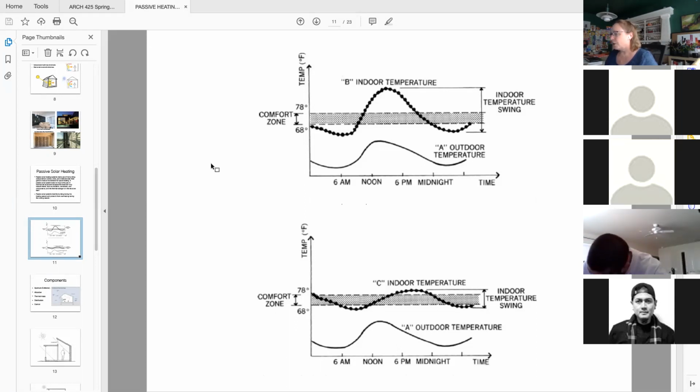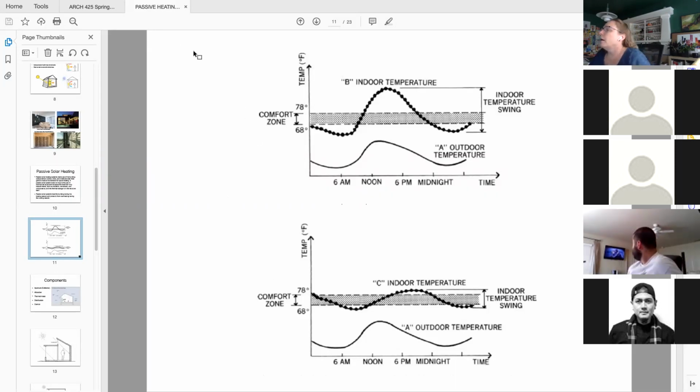The top graph is a normally insulated building without a high thermal mass and not paying attention to how much glazing area there is. The bottom graph shows an example of the performance when there is that large thermal mass and you are proportioning your glazing openings to work with that thermal mass to store enough energy to help balance out the temperature swings within the interior.